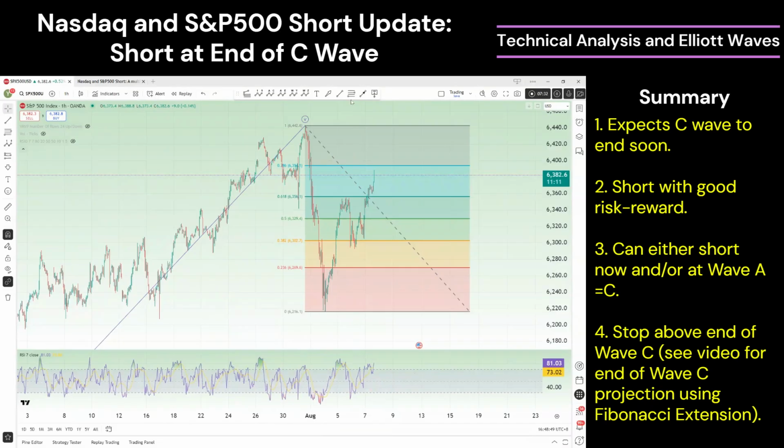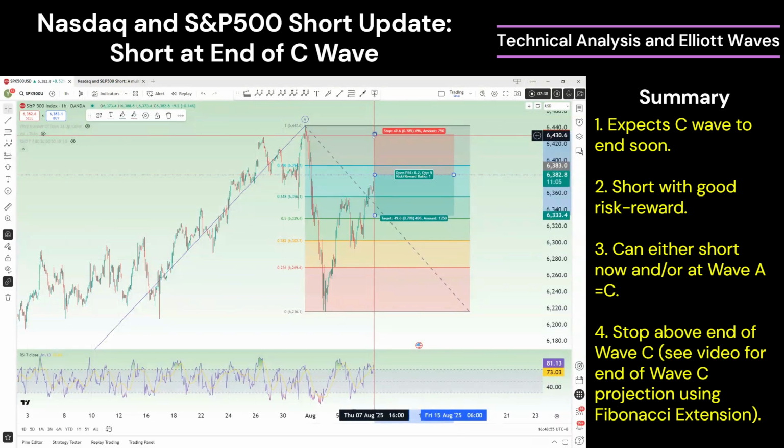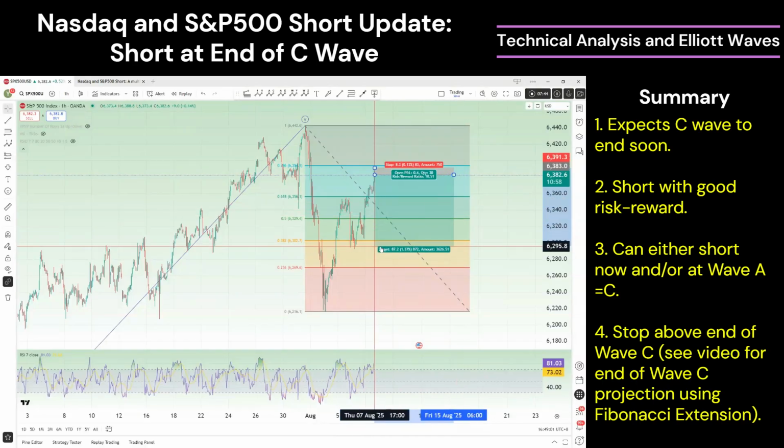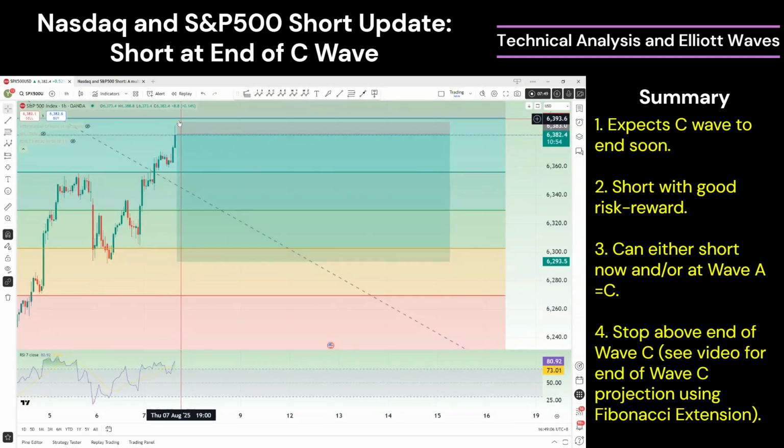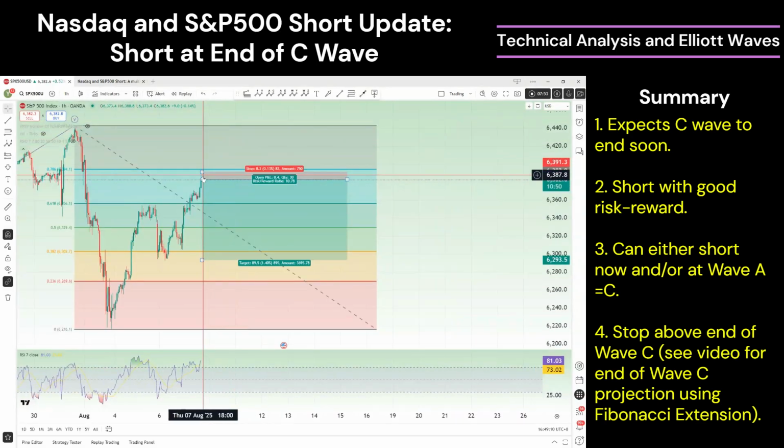So if you are going to short this, I will also put it somewhere here, and the profit is here. Now because S&P 500 itself, the range is a bit small, I would say even higher.